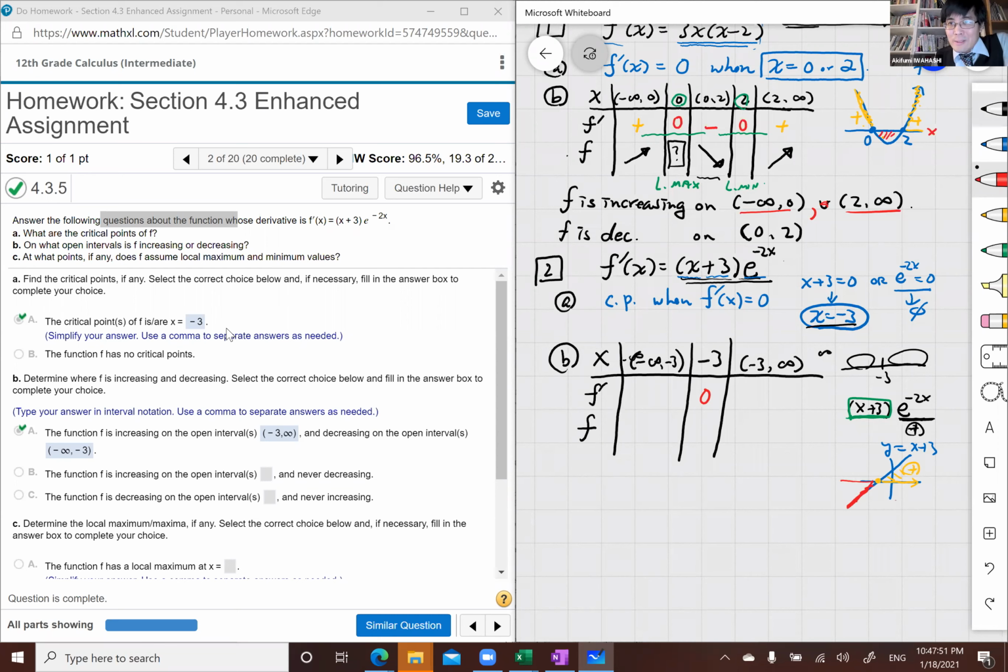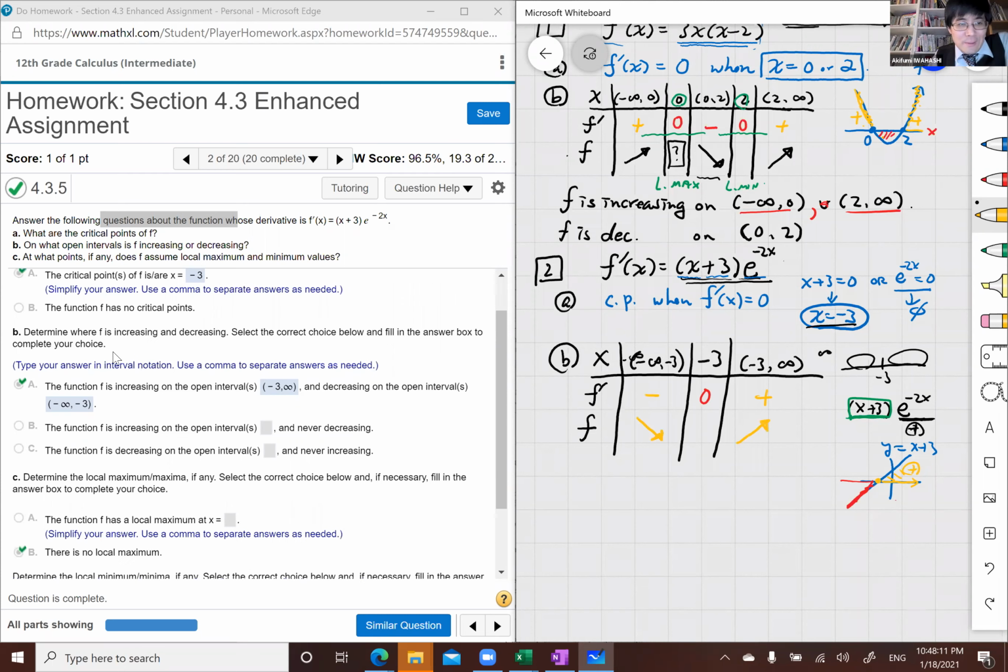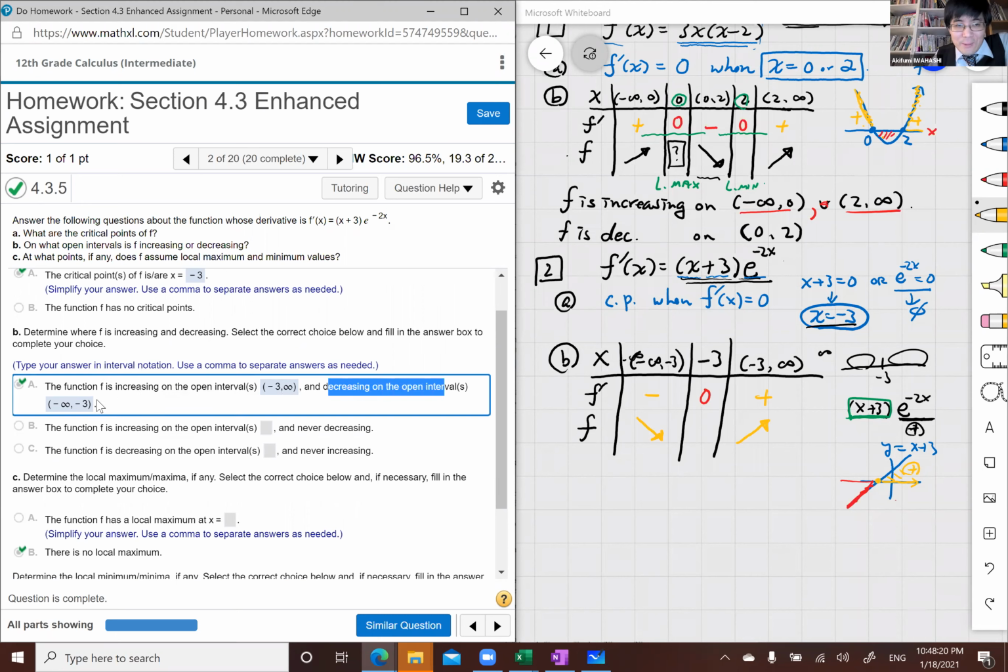So f dash is positive for any number greater than negative 3, and negative for any number below negative 3. So the graph is decreasing in this interval and increasing in this interval. The answer to part B: the function is increasing on the interval negative 3 through infinity, and decreasing on the interval negative infinity to negative 3.